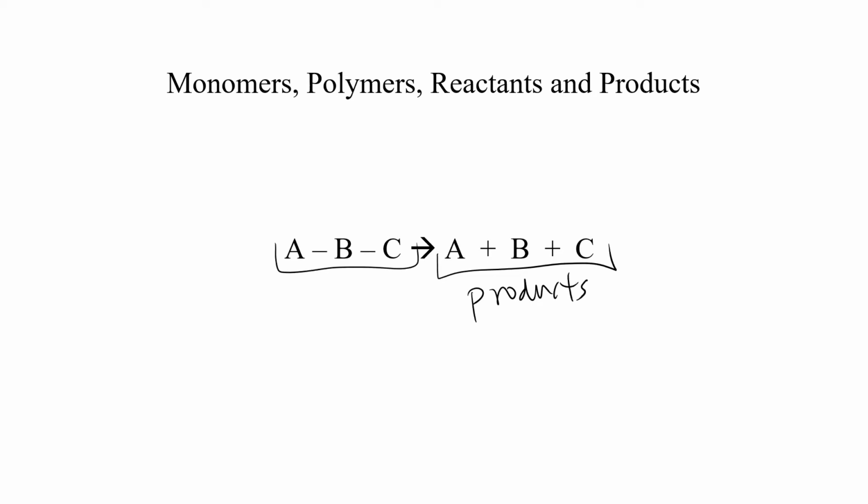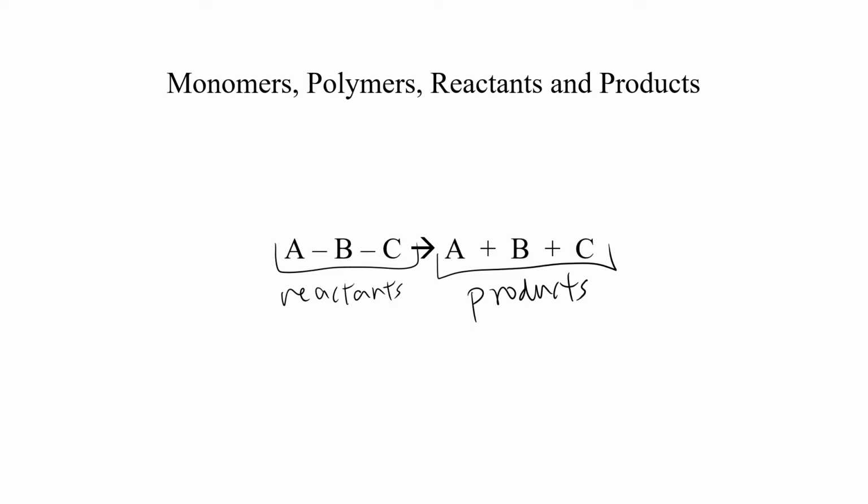The reactants are the ingredients that go into this chemical reaction. All right, so the reactants lead to the products. You may in fact see chemical reactions that run in the opposite direction. And if that's the case, then you're going to have a reaction run toward the left, and that will be your products on the left at that time. We're not going to do that here in this class, so we're not going to even worry about that.